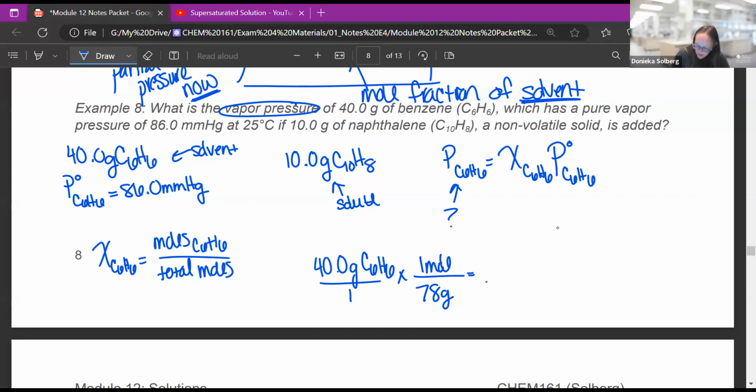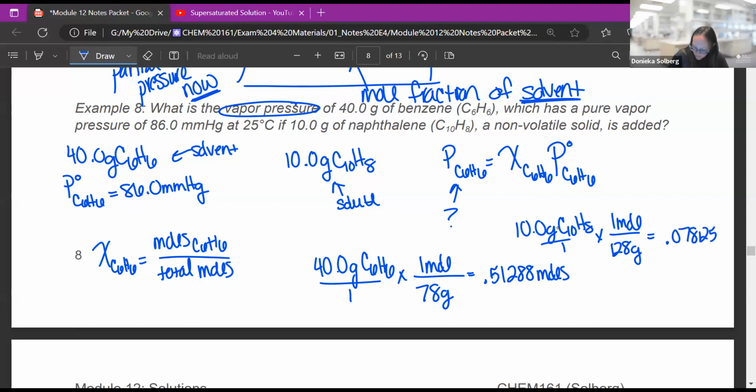So I have 0.51282 moles of that. And then for my other one, I've got 10 grams of C10H8. Its molar mass is 128 grams per mole, and that is 0.078125 moles.